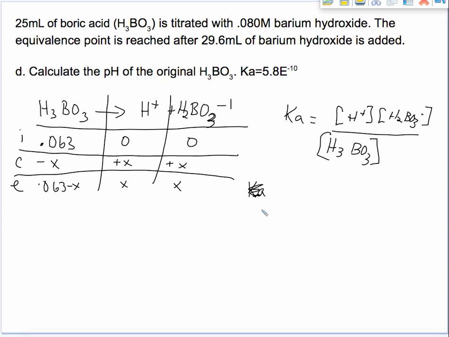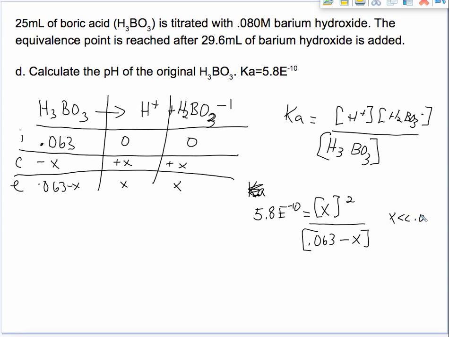I know what the Ka is, I gave it to you in the problem, so Ka is 5.8 e to the minus 10. That's going to equal H plus, which is X, and H2BO3 minus, which is X. So instead of writing X times X, I'm just going to put X squared all over 0.063 minus X.